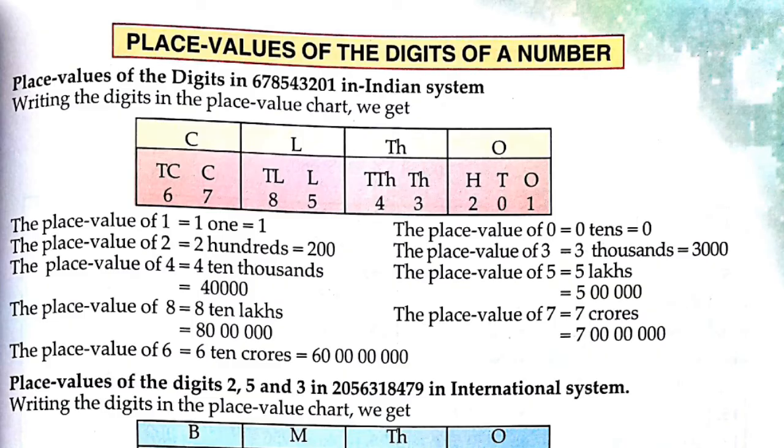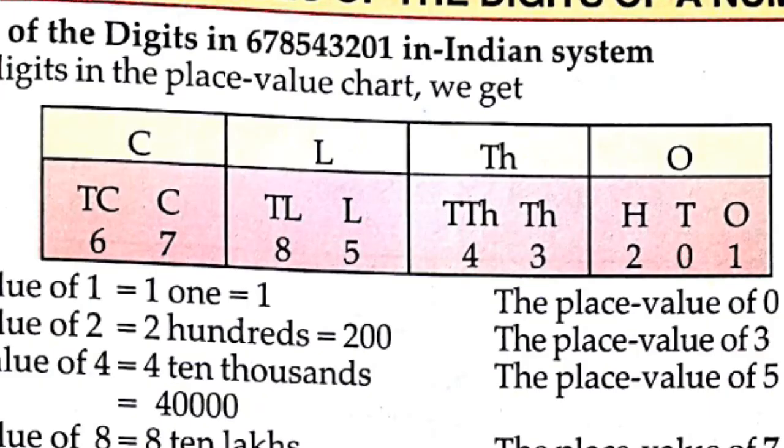Now we will learn the place values of the digits of a number in the Indian system. Suppose the number is 678543201.